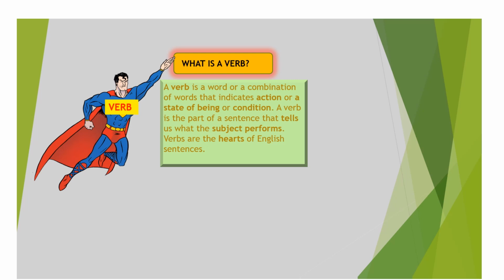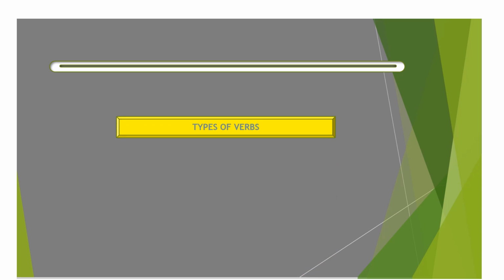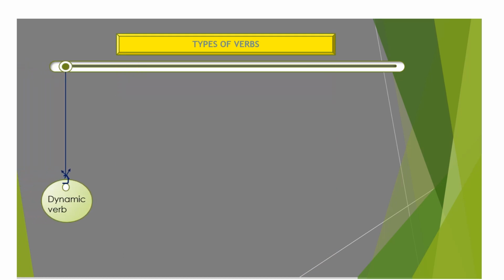So here we understand what exactly is the importance of verbs. Of course, verbs are classified into many types, but in this video we are going to discuss dynamic and static verbs. So let's dive into the types of verbs.